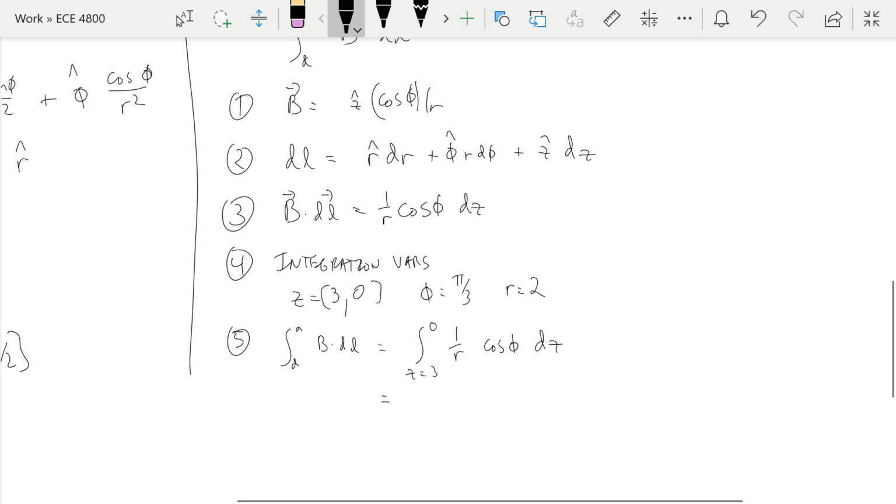We substitute our variables in here so that we're only left with a function of a single variable. Z equals 3 to 0, phi is equal to pi over 3, and r is equal to 2. So we're left with 1/2 cosine of pi over 3 dz.